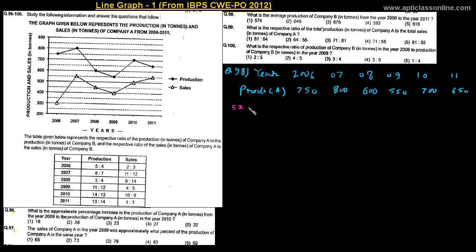If 5x corresponds to the production of A, then the production of B corresponds to 4x.